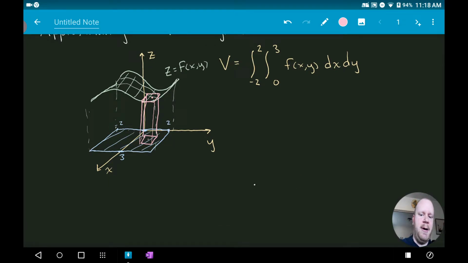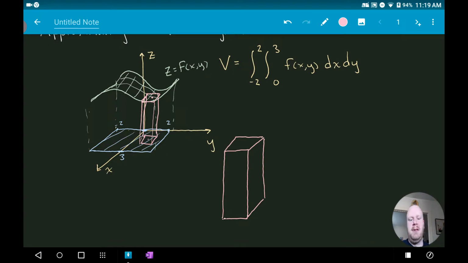So I'll go ahead and draw a more isolated, zoomed out version of this over here. I'm going to try my best to keep the color scheme consistent throughout this whole lecture so that you can see what's the same. But it's just a rectangular prism hanging out there. And the idea is if we add up all of these rectangular prisms, and if we add up enough of them, then that's going to approximate this volume.